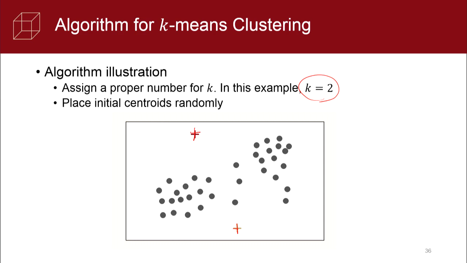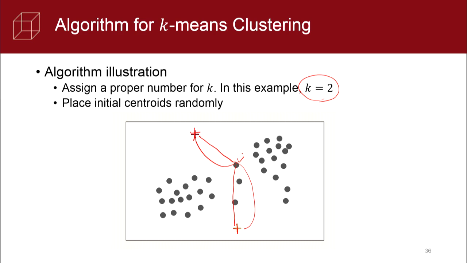In the first step, we need to compute and see which data point is closer to which centroid. For each data point, you need to compute the distance between the red centroid and the yellow centroid, and identify which centroid is closer to this data point.